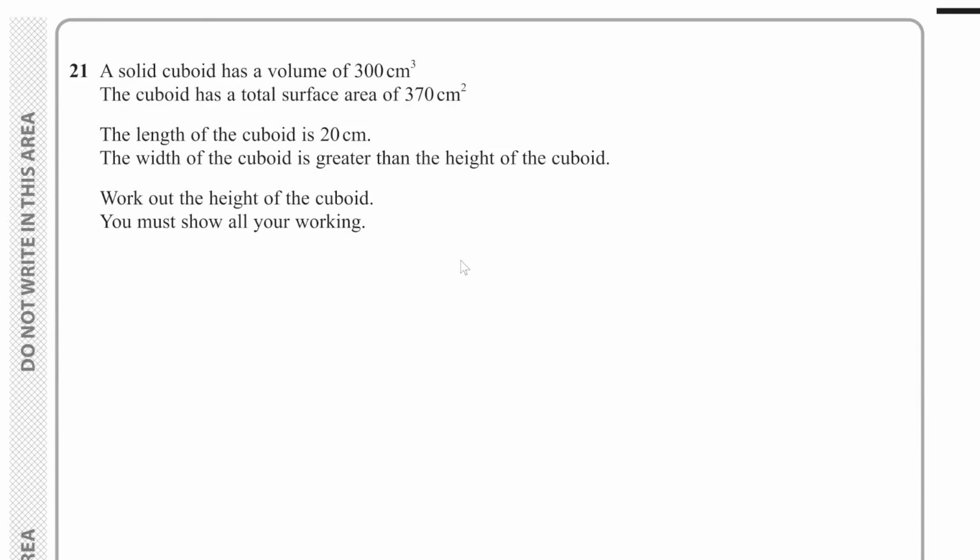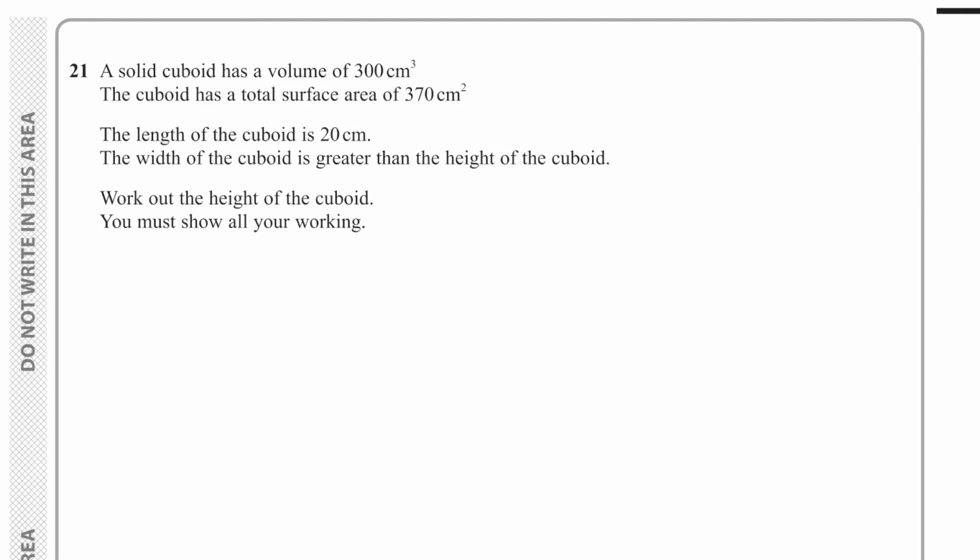Question 21. A solid cuboid has a volume of 300 centimeters cubed. We've got a surface area of 370 centimeters squared. The length is 20. The width is greater than the height. Work out the height of the cuboid.